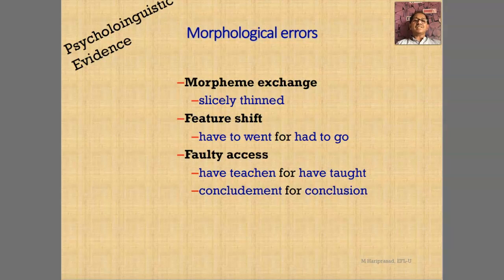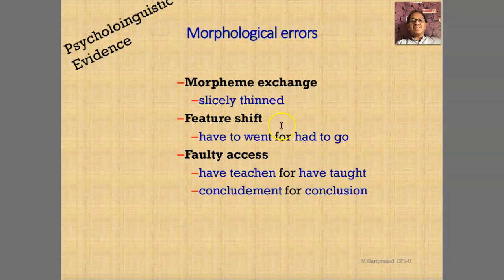The kinds of errors which we make, either while learning or tongue slips, is like this: morpheme exchange. The morpheme of one word is added to another. Instead of saying thinly sliced, slightly thinned. Thinly sliced becomes slightly thinned.